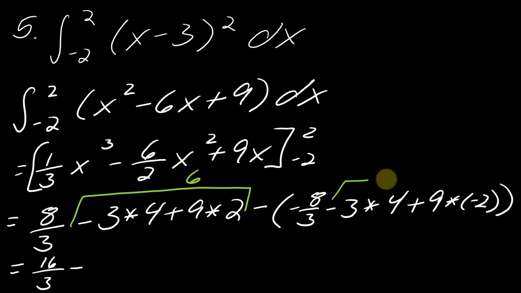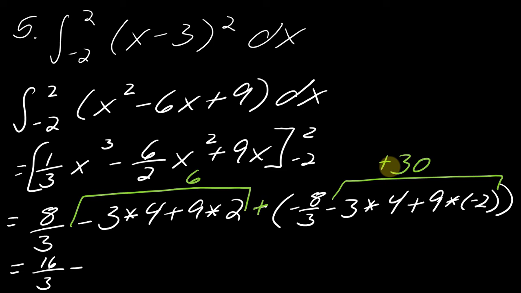And then this part here is minus 12 minus 18, so this is going to be -30. And then I have minus this -30, so this becomes a plus.